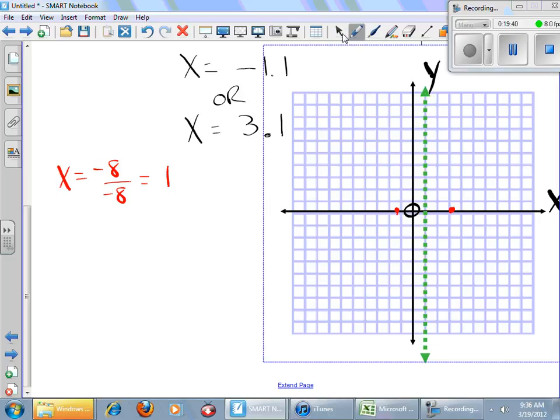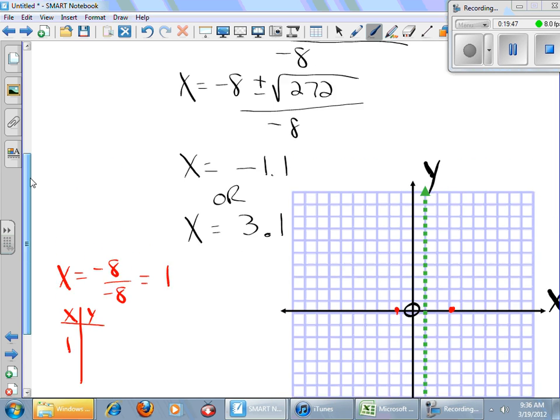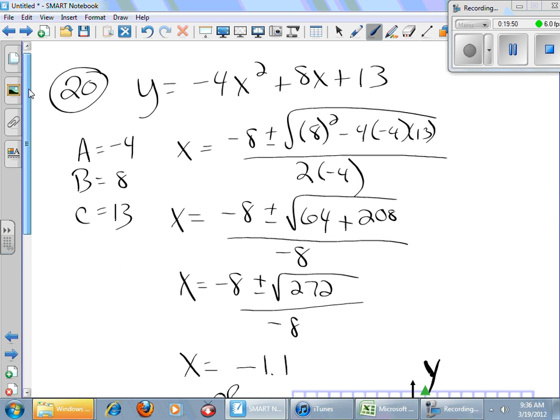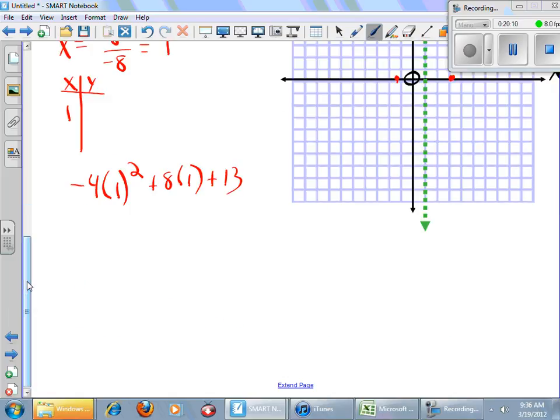If you haven't realized this yet, if you average your zeros, you will end up at the line of symmetry. All right, so now that I know that the x-coordinate of the line of symmetry is 1, I can get the y value by plugging 1 into the original equation. So I'm going to go negative 4 times 1 squared plus 8 times 1 plus 13. Okay? All right. So this will be negative 4 plus 8 plus 13.